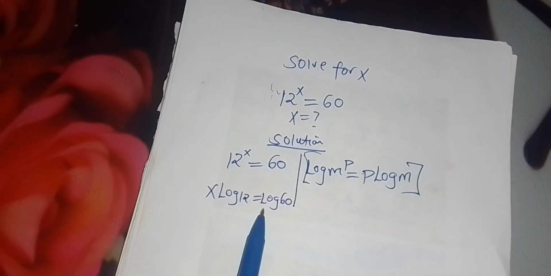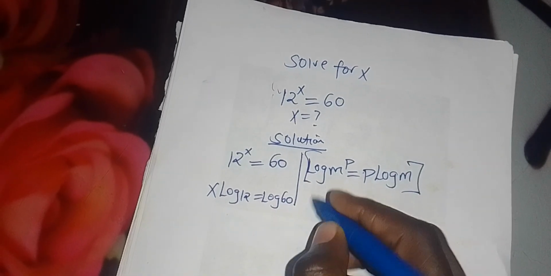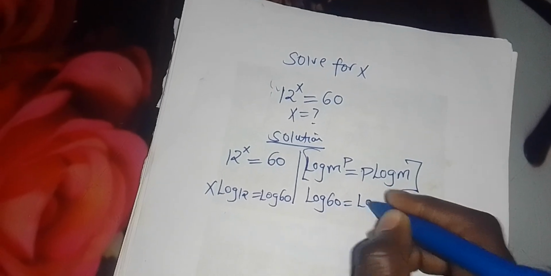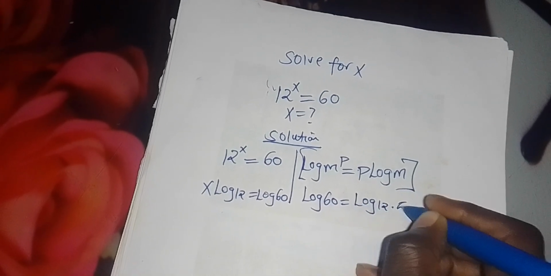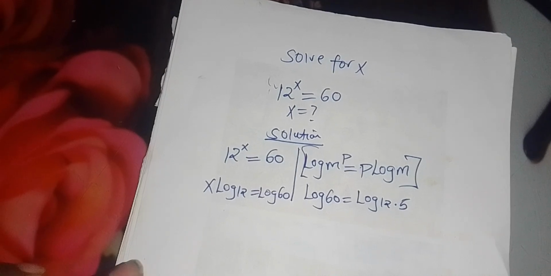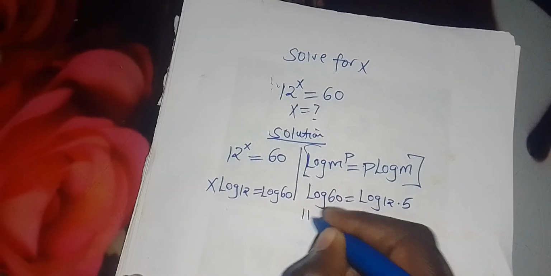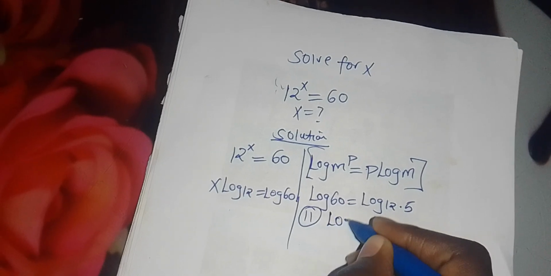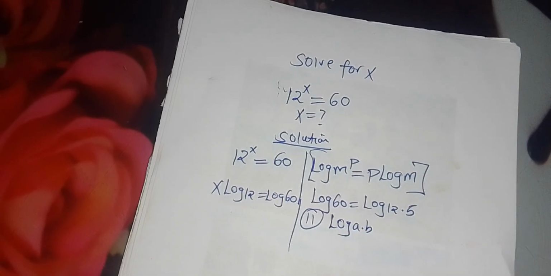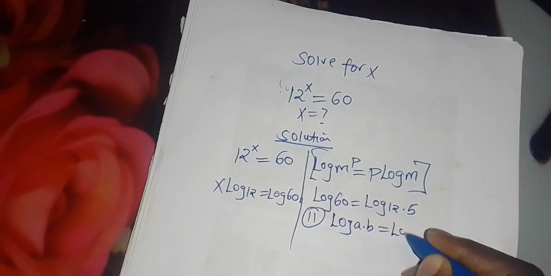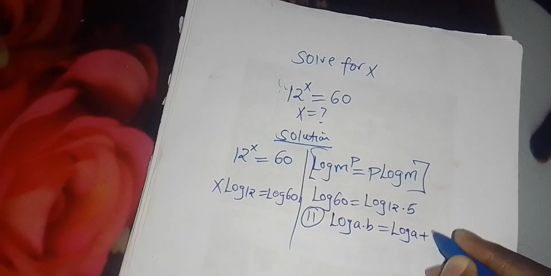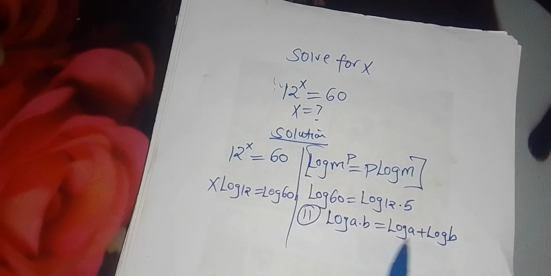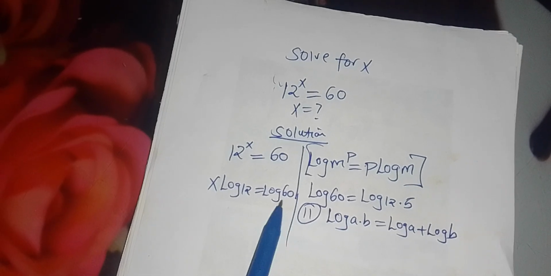Now if you check, log 60 is the same as log of 12 multiplied by 5. The second identity that we have to introduce states that log of a multiplied by b is the same as log a plus log b. So we apply this logarithm identity in our case here.